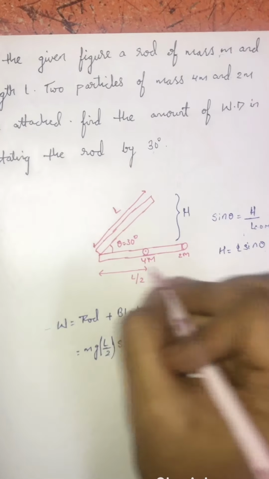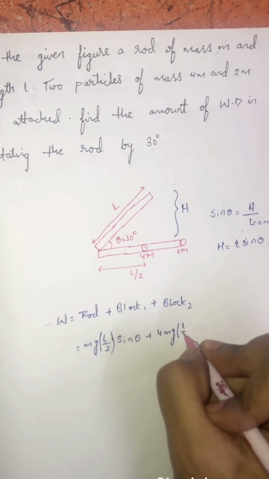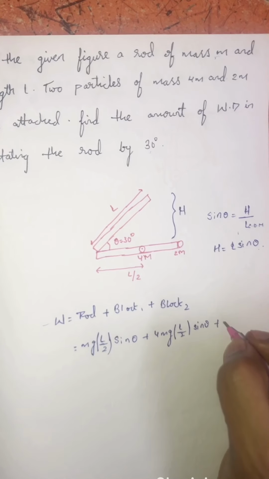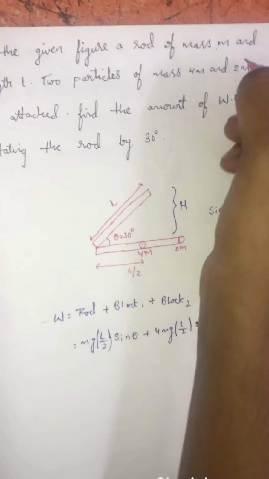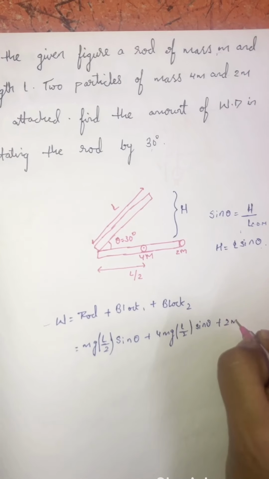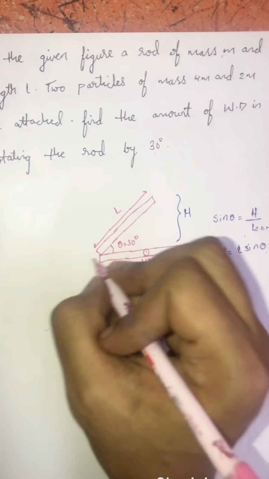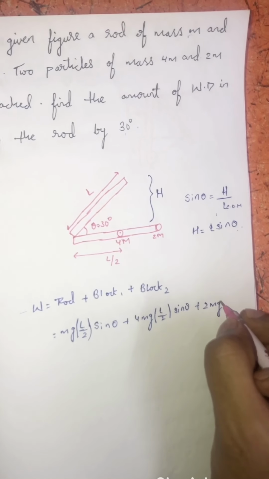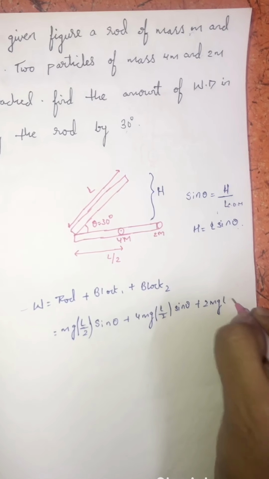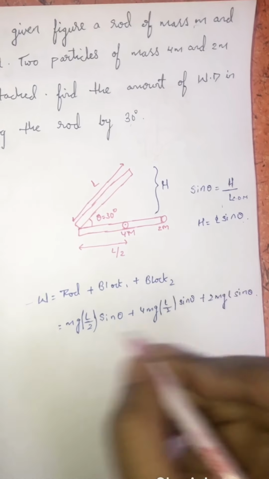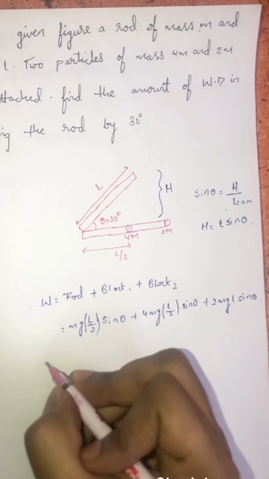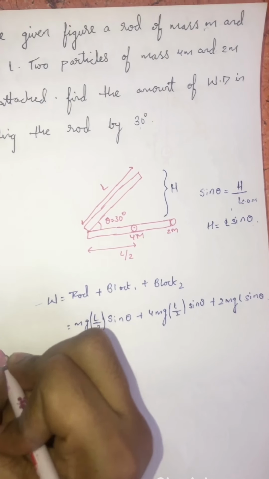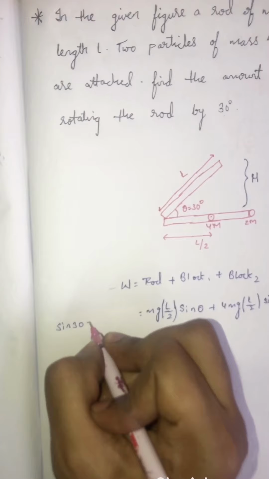Block is at the distance of L by 2, so sin theta. Block 2, mass 2m, so it is at the distance of length of the rod, so L sin theta. Here by applying 30 degrees as the theta value, sin 30 is equal to 1 by 2.